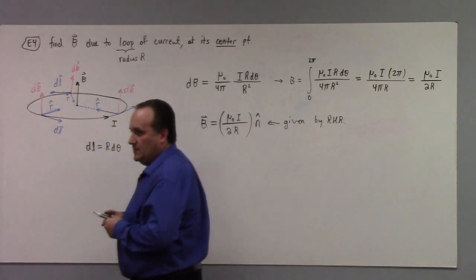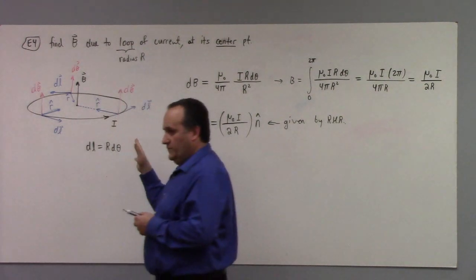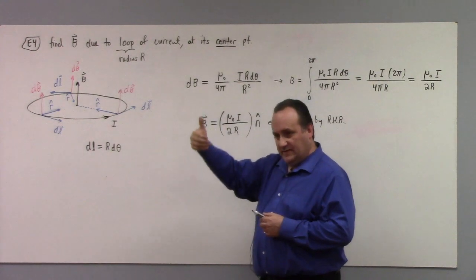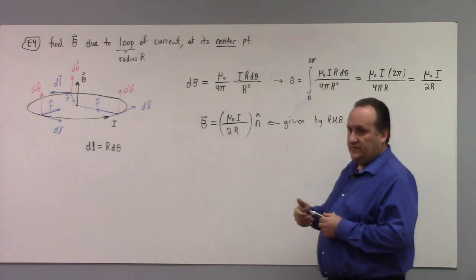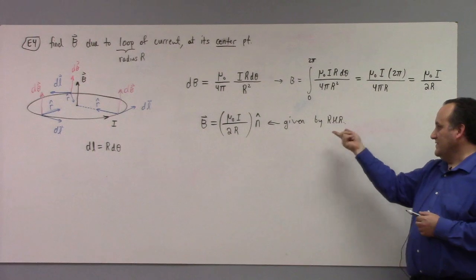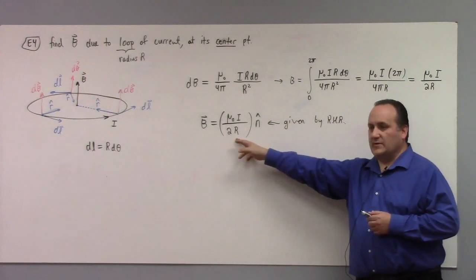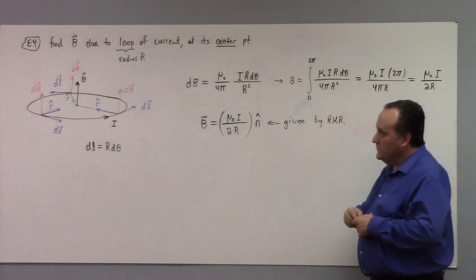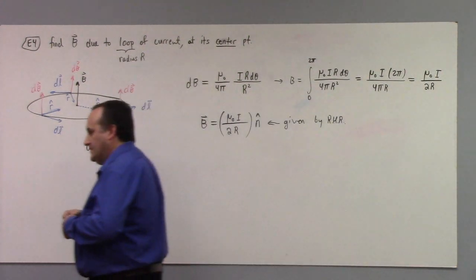Again, encircle with your right hand, imagine going around the loop, and wherever your thumb points, that's the n hat. If we made upwards z, this could be a z hat. But the magnitude is mu naught I over 2r. So this is the magnetic field due to a current loop at its center.